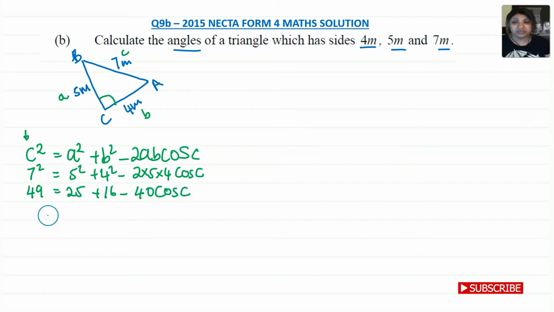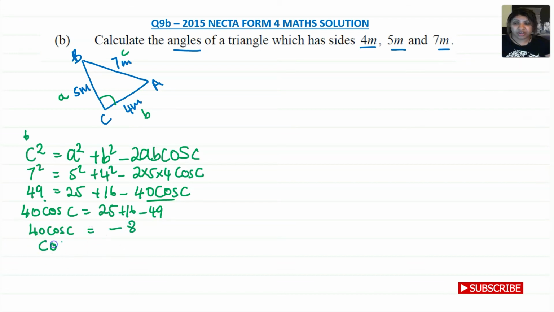I'm going to rearrange this and have this part on the other side. So this will give me 40 cosine of C equals 25 plus 16 minus 49. I can now simplify a little bit. This will give me negative 8.